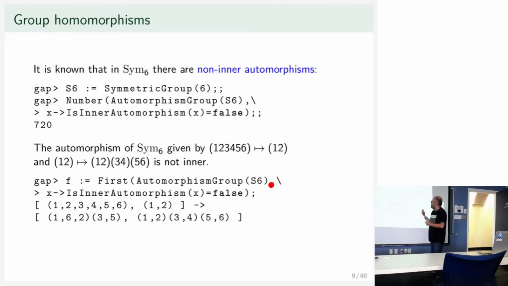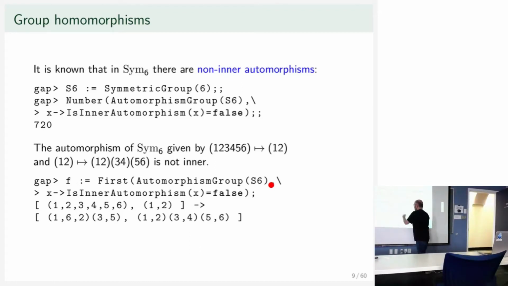If you want to see how one of these group homomorphisms looks like, you just need to do something like this. Here we are doing the same as we did here, but instead of counting how many of them we have, we just take the first one. And if we do this, you get this homomorphism.